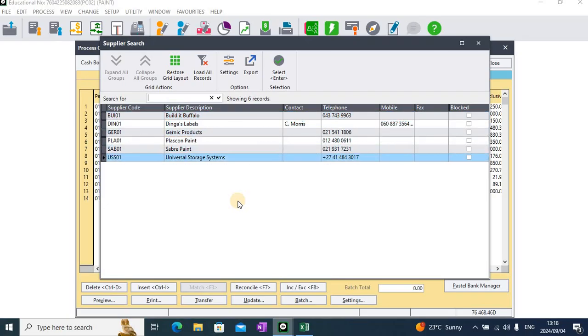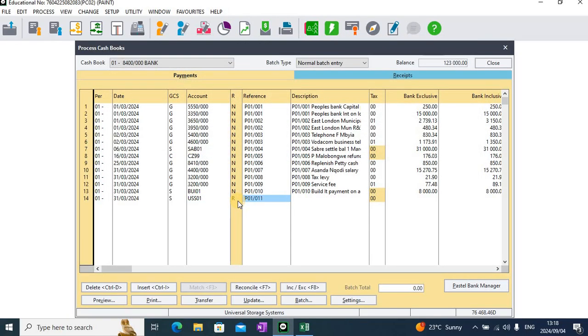Universal Storage Systems, P01011, that's fine, P01/011. And Universal Storage was settling invoice 0103.